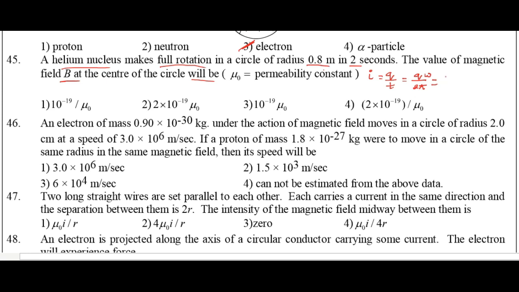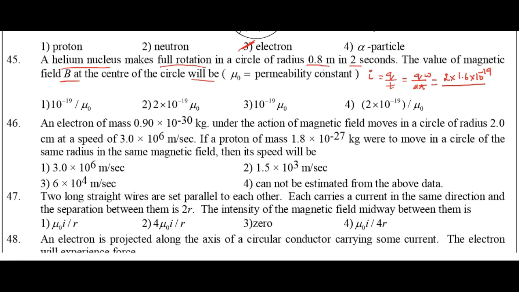Now, if I write the values, Q is the charge of the helium nucleus, which is 2 into 1.6 into 10 power minus 19, into omega by 2 pi.